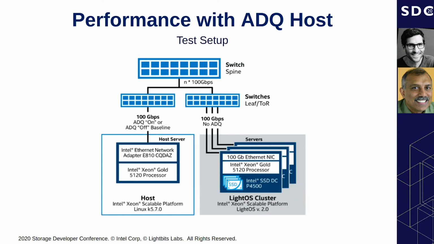That is connected to a spine switch, also through a 100 gig interface, and that connects down to a leaf switch that's connecting a LightOS cluster, a 3-node cluster all running LightOS, which means that the capacity is virtualized, and now the host can access capacity from all 3 of them. That's the minimal size of the cluster. In Lightbits, obviously, we could have had more hosts connecting to it to get more throughput.